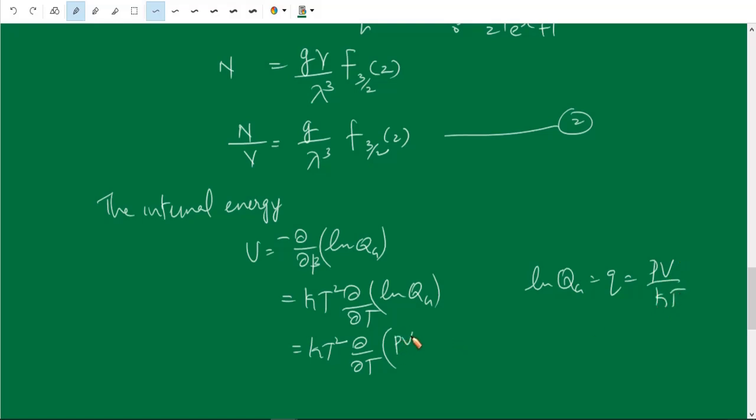So we can replace it with PV divided by KT. We have already derived the expression for PV divided by KT.